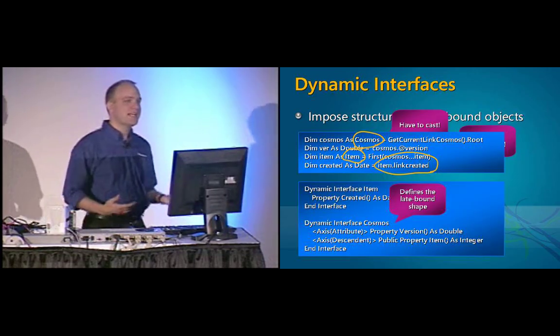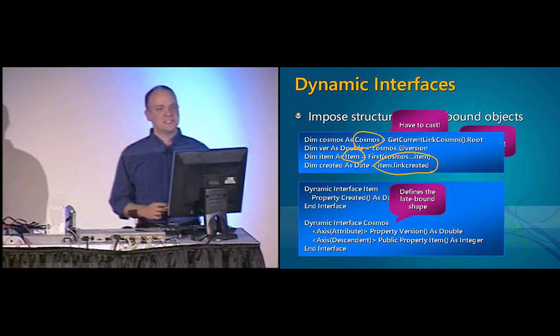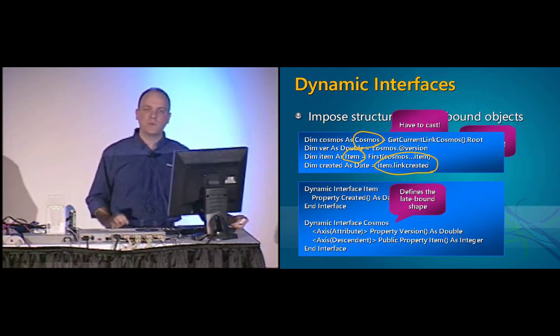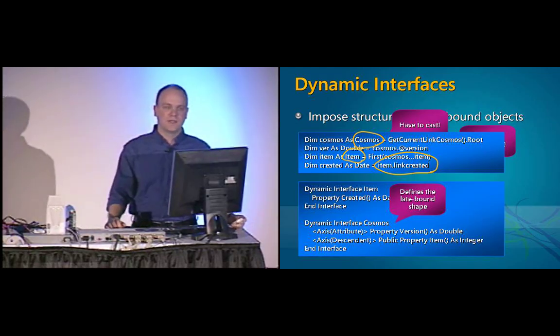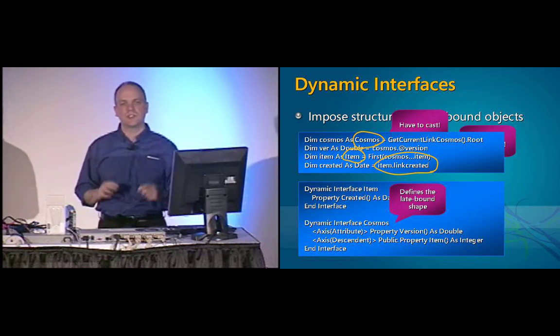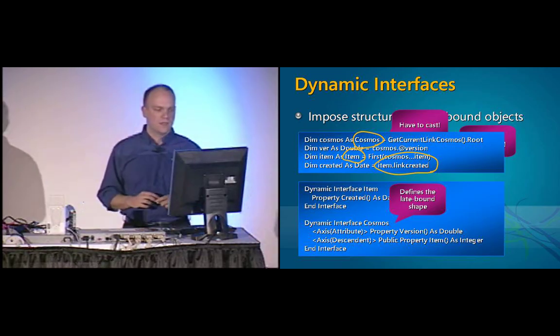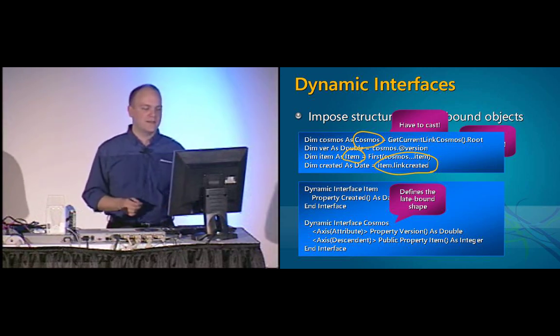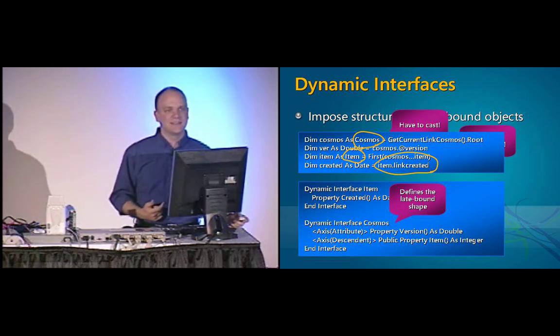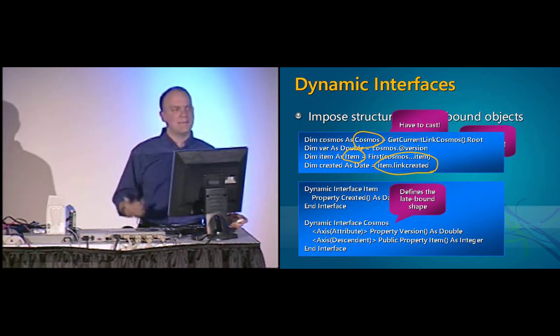Yes, attributes, descendants, and elements. Now, there's one thing I can't show you today because it's still in the process of being built, but I did want to talk about it because I think it's very important. And that is the concept of dynamic interfaces. If we go back and look at this sample code I was just showing, you'll notice two things about it. First, as I showed you in my demo, I have to cast things because the compiler doesn't know what the result of this late bound access is going to be.